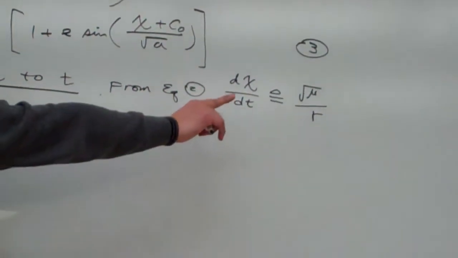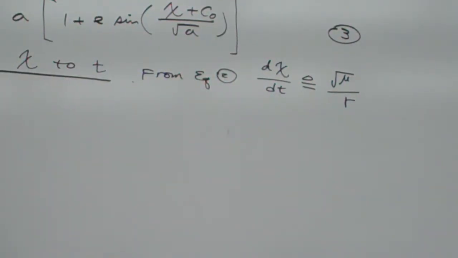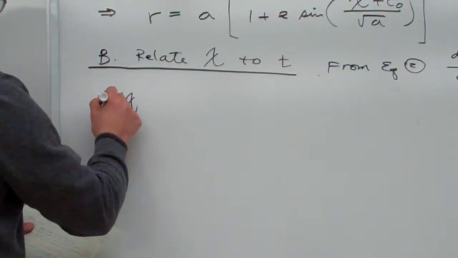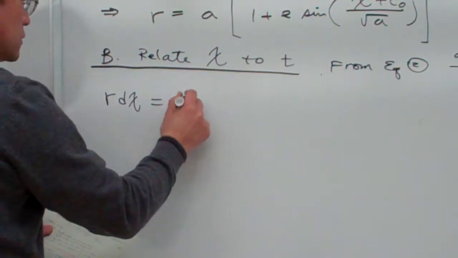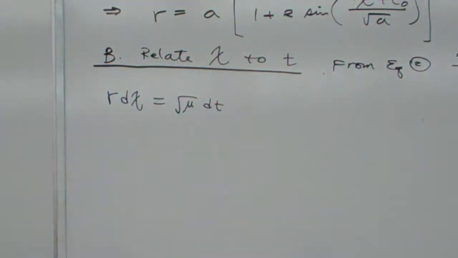So simply I rearrange, so therefore d c R equals square root of mu dt. So here we have the derivative. I simply integrate on both sides.